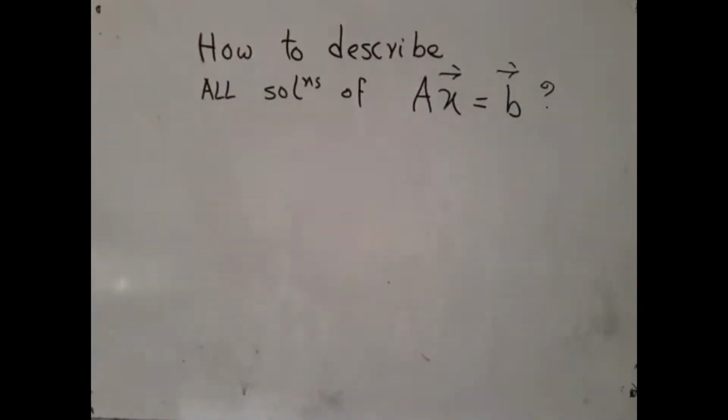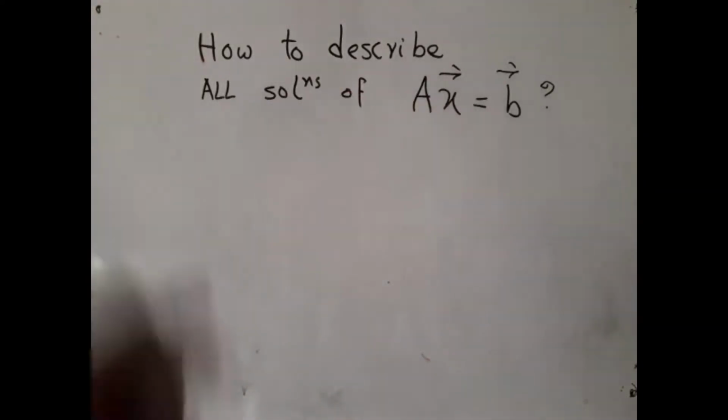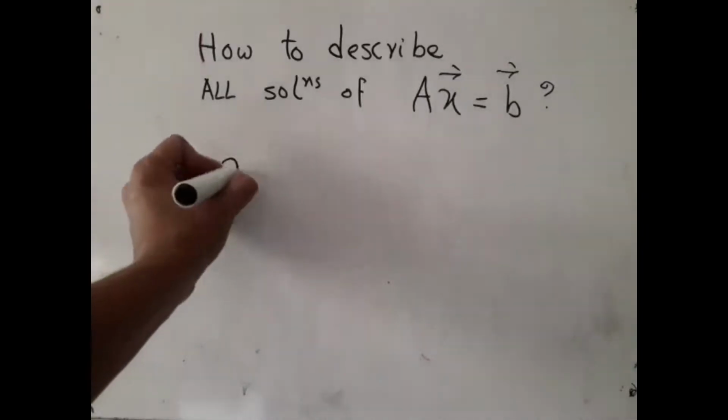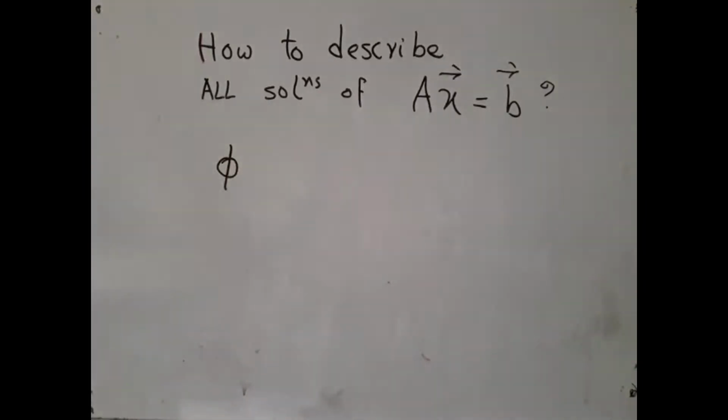So naturally the question is, if someone gives me a system Ax equal to b and asks me to solve it, how am I going to describe all the solutions of Ax equal to b? If this happens to be an inconsistent system, then very obviously the set is just the empty set. There is no solution.